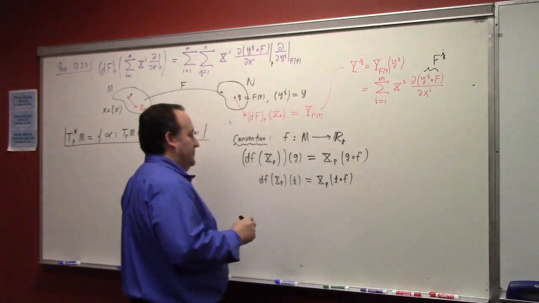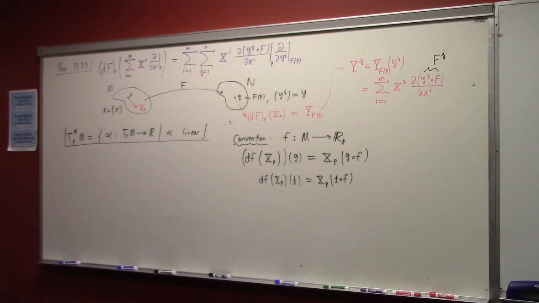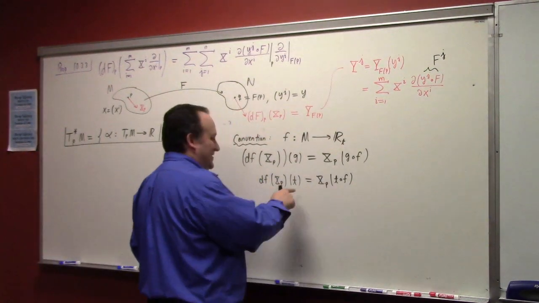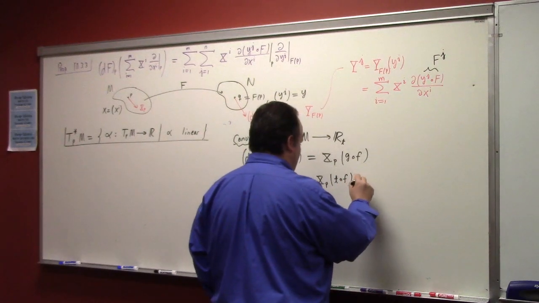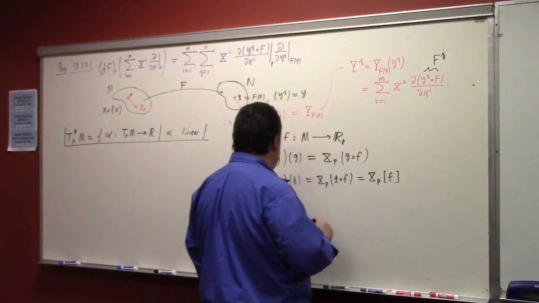But this is kind of dumb, because t is the Cartesian coordinate on R, which is just the identity map on R, which means t composed with f is just f. So this is xp of f.